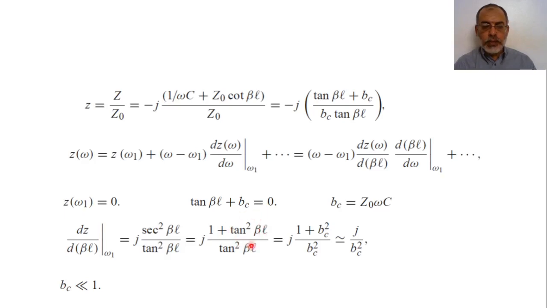So we can replace tan beta L by minus BC. So minus BC squared would be plus BC squared.